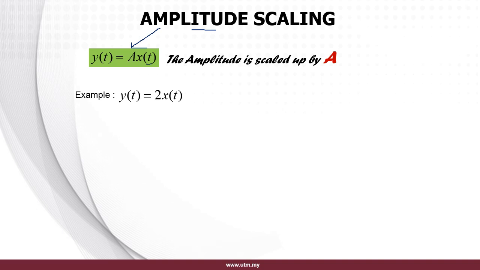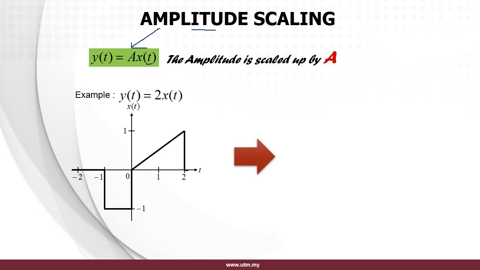If you have a signal given by this figure, draw how the new signal looks when the new function is given by 2x(t). There's a 2, meaning that the amplitude of the original signal will be scaled up by 2.